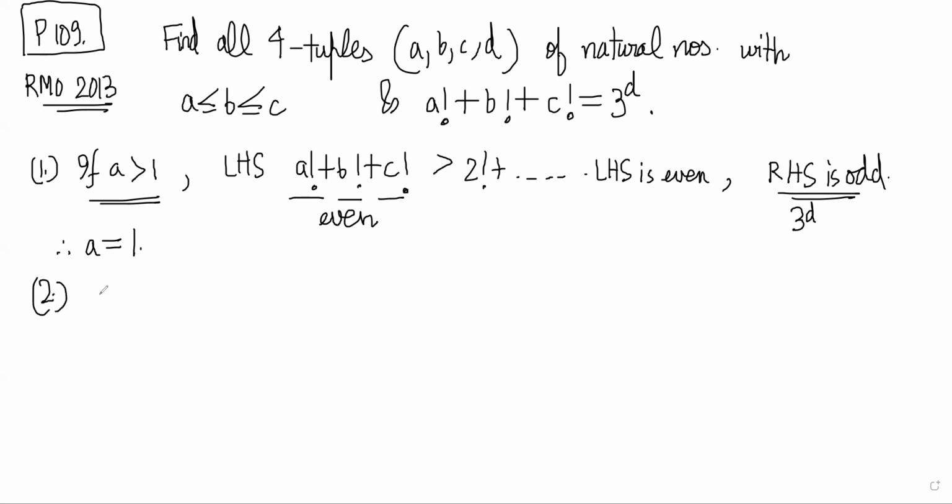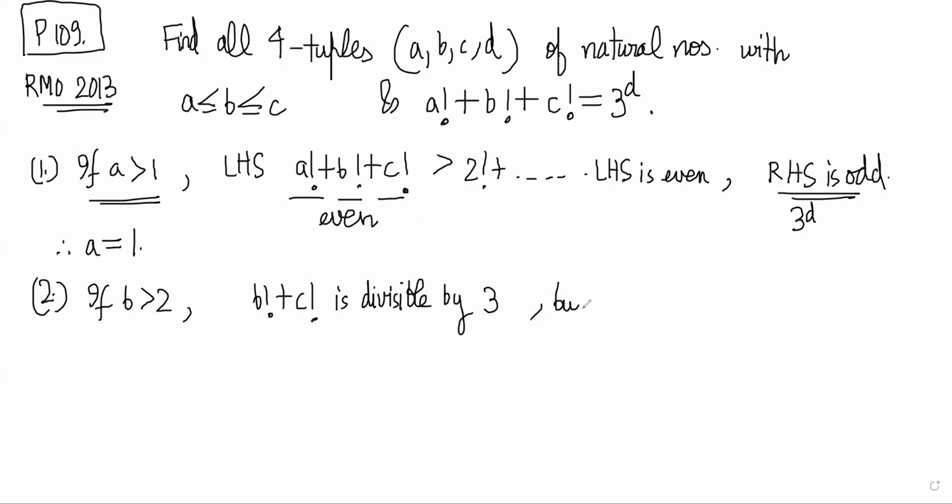Now let's look at B. If B is greater than 2, what you will get is B factorial plus C factorial is divisible by 3. Why is it divisible by 3? Because if B is greater than 2, the smallest number it can be is 3. 3 factorial is divisible by 3 and any higher factorial will also be divisible by 3.